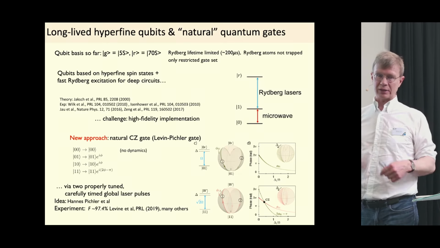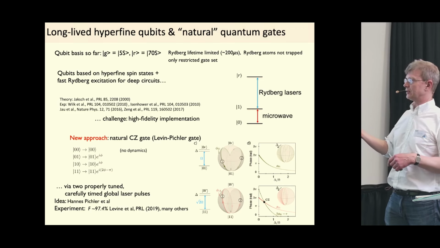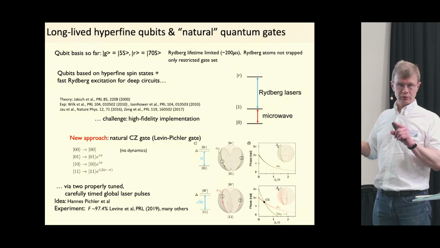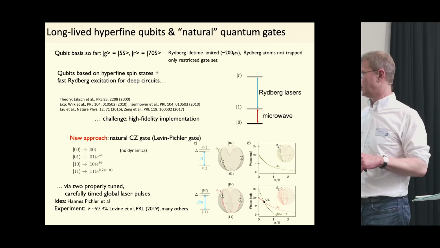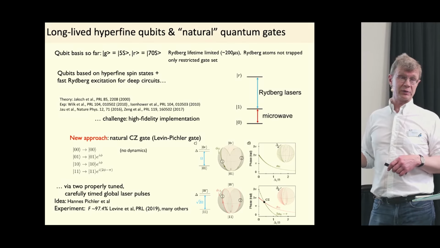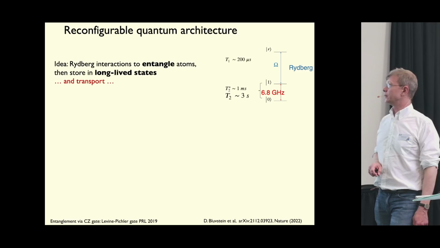We could not figure it out. I personally spent several months. Then Hannes had an initial idea, and that same afternoon Harry implemented it experimentally. The highest fidelity up to that point was 80%, and I think that really started this new development.